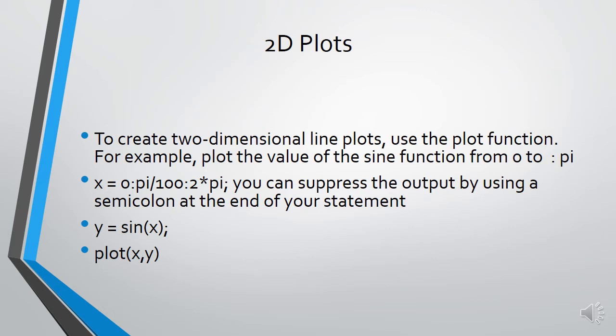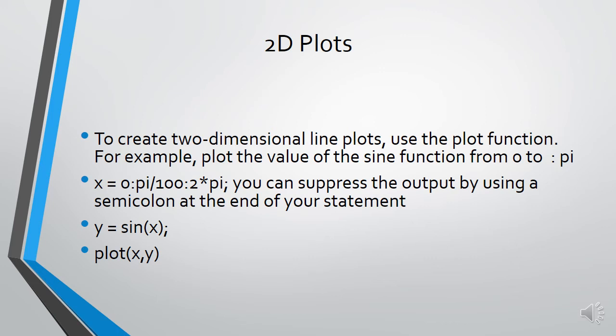If you wish to see the values, you do not specify the semicolon at the end of your statement. But if you wish, you can suppress those outputs by using the semicolon. Once you've got your possible space of x values, you can then compute your y, the dependent variable, using your formula. In this case, we're working with sine x.